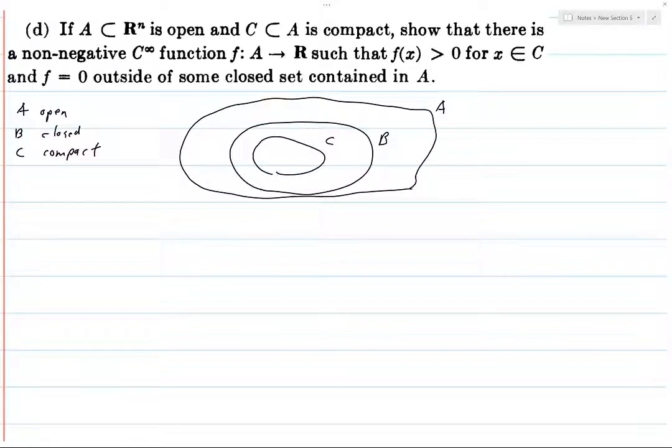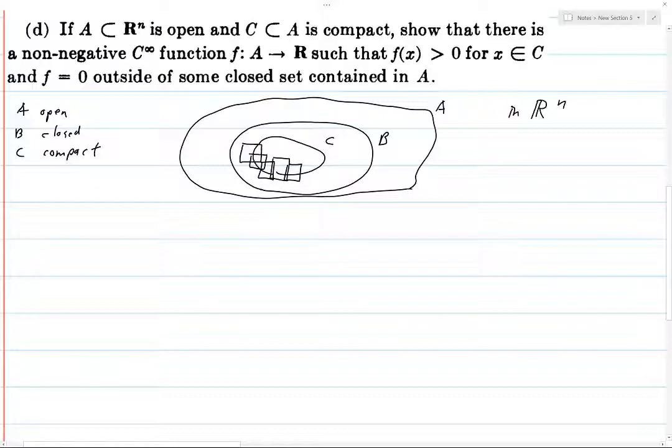So basically what we're going to do is take a whole bunch of squares in here. This is all taking place in R^n, and so we can cover R^n using squares.